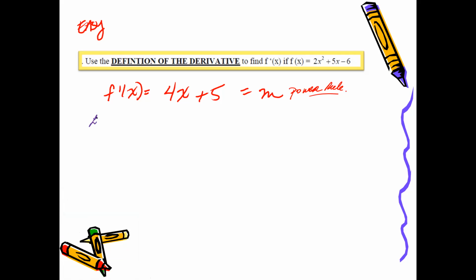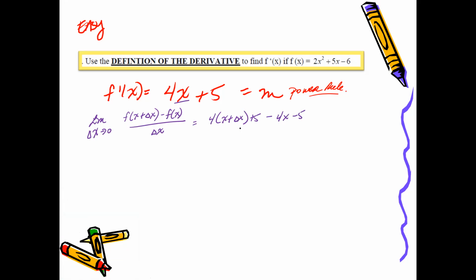Remember, it is the limit as delta x approaches 0 of f of x plus delta x minus f of x over delta x. So what we're going to do is f of x plus delta x. Every time you see an x, we're going to replace it with x plus delta x, plus 5, minus f of x, which is negative 4x minus 5.